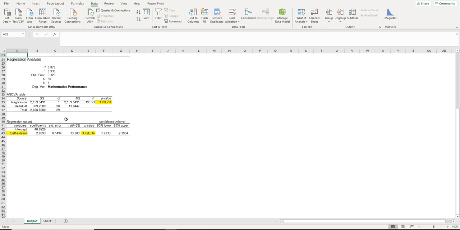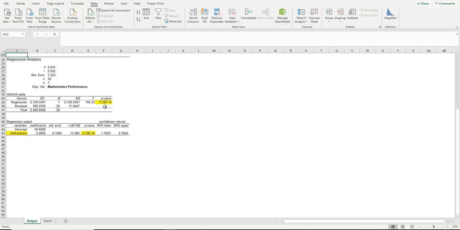So here, the p-value of our F is 3.72 E negative 14. This is just a scientific notation. So that is equivalent to 3.72 times 10 raised to the power of negative 14.